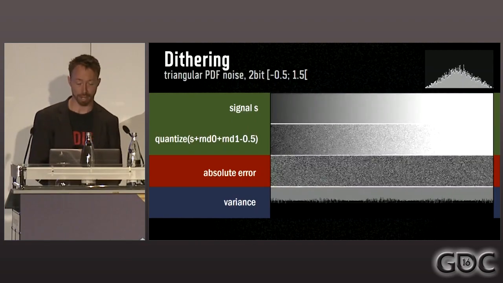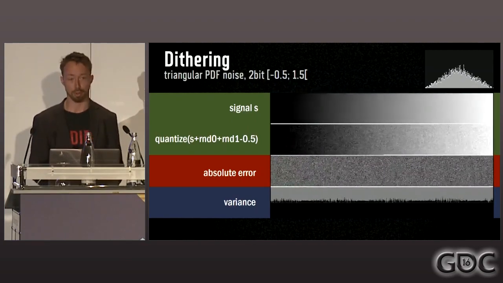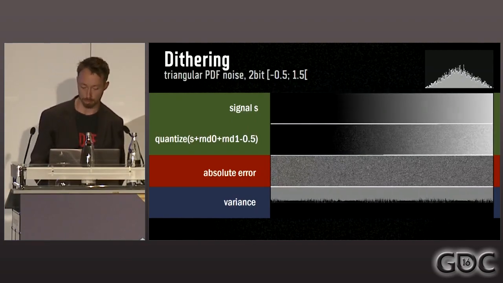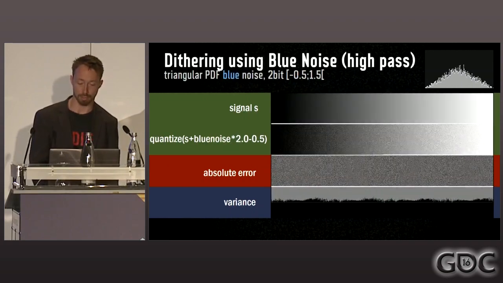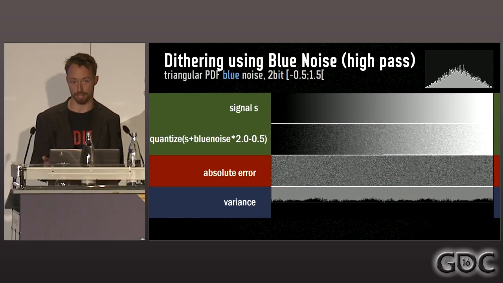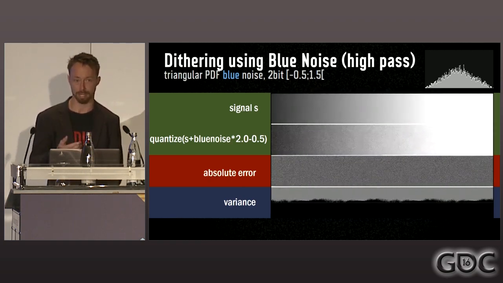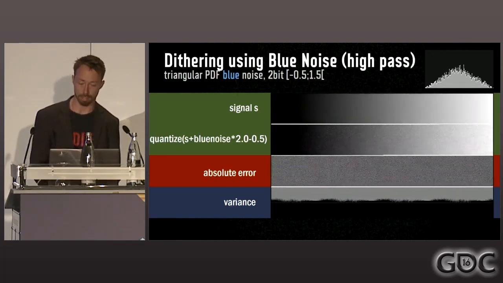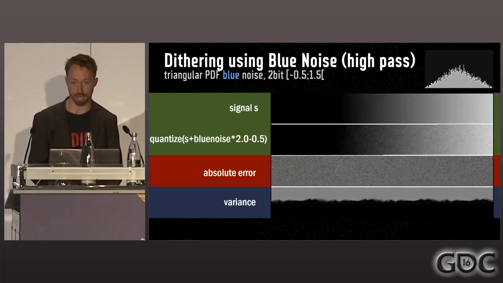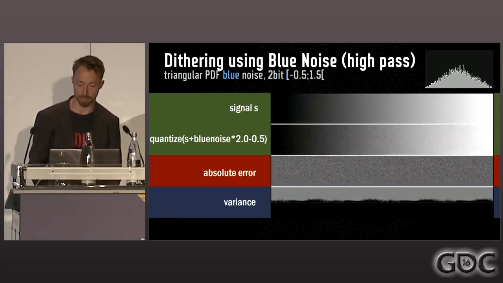Well, we can go back and use the blue noise that we also looked at for sampling. And if we do that, then of course we need a triangular distribution for that. But if we use that instead, we get something that's visibly less noisy, but also doesn't have these bands again.